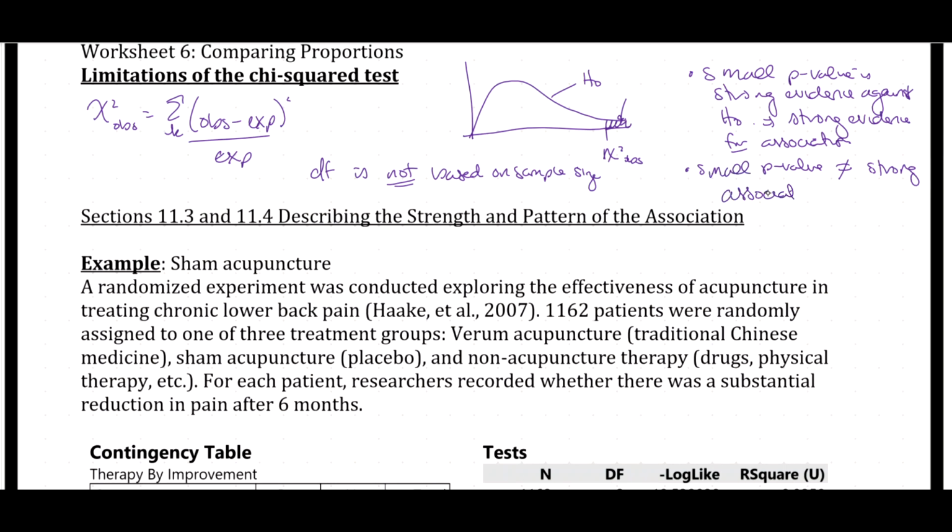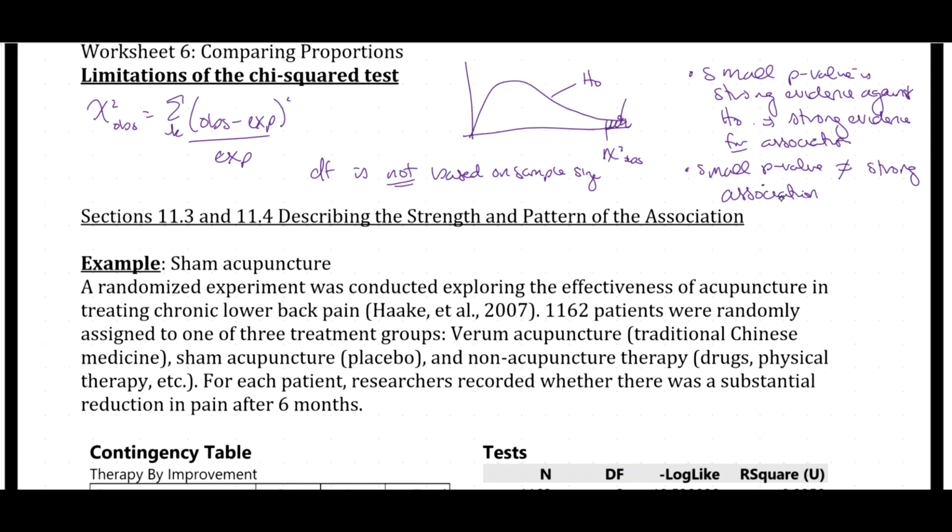Strong evidence is not the same thing as strong association. We have seen this in previous work when we were talking about regression. We could get small p-values in regression and still have a pretty small slope, right? And that would be kind of like a weak effect, right? So we would have a big increase in x and maybe a small change in y.